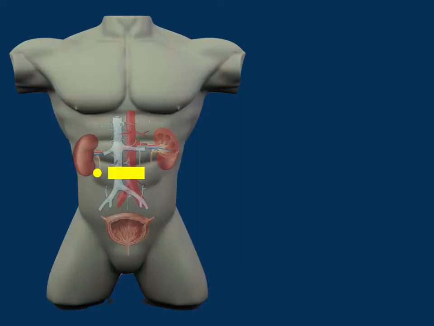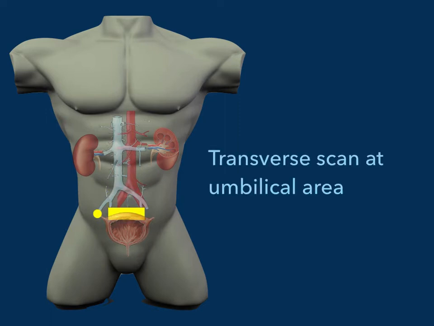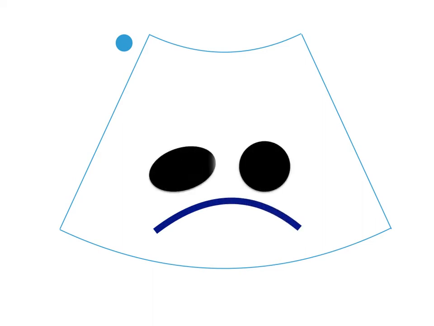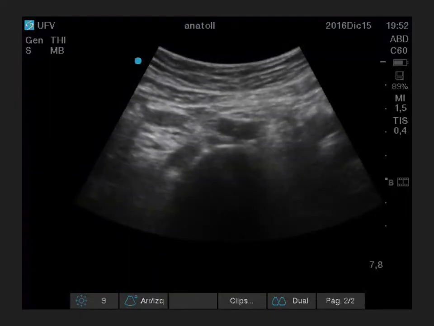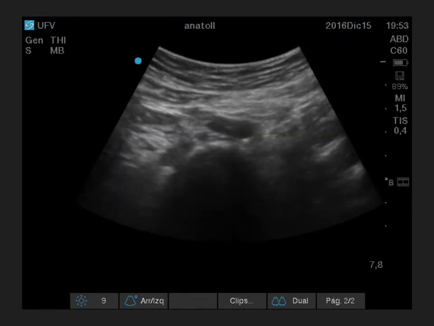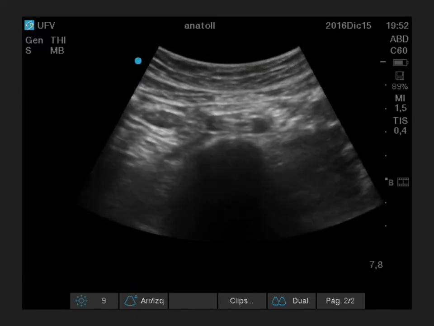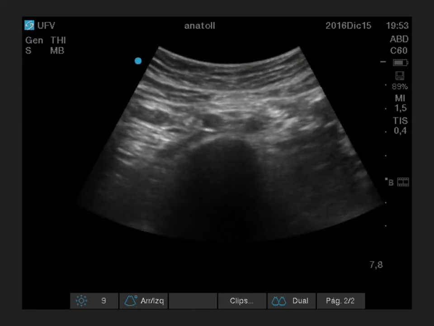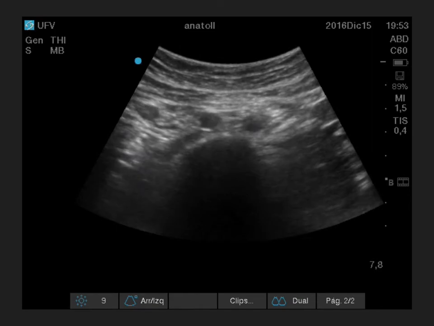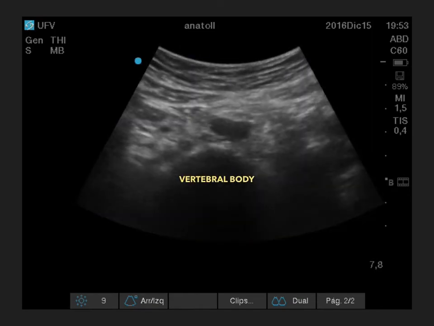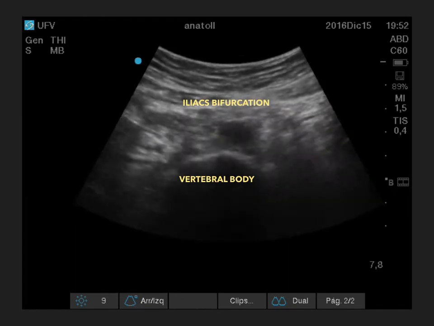If we go down, we will continue seeing the aorta and inferior vena cava till we reach this level, slightly in the hypogastrium. So vertebral body as always, and we are actually seeing the iliac bifurcation.